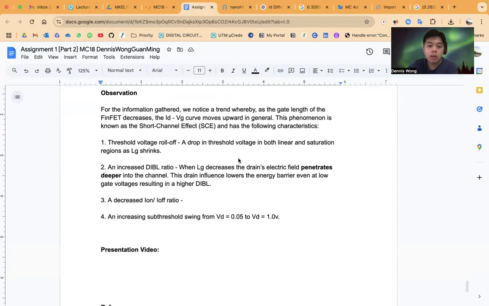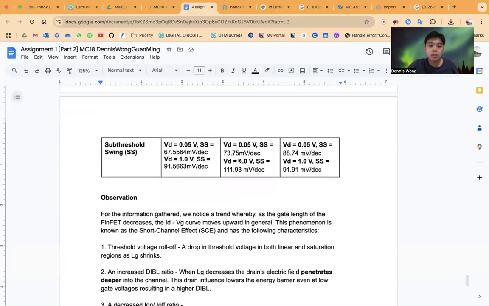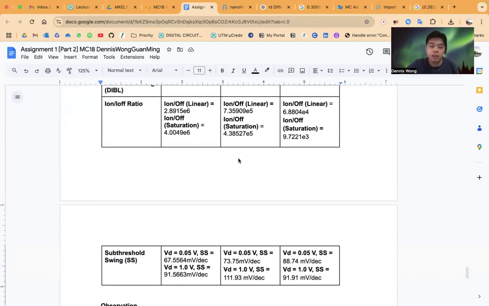So what are some of the ways to get rid of this issue, or to make this issue less of a problem? It is the whole point of a FinFET: to increase the number of gates.